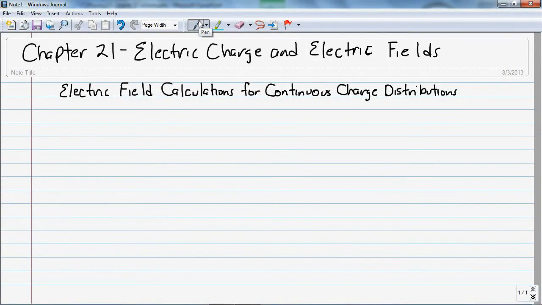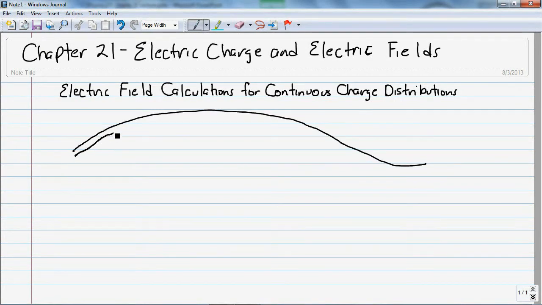Up to this point, we've been discussing individual charges in specific locations. The charges had different varying sizes or magnitudes. But let's look at another situation where we have a charge distribution across a certain path.